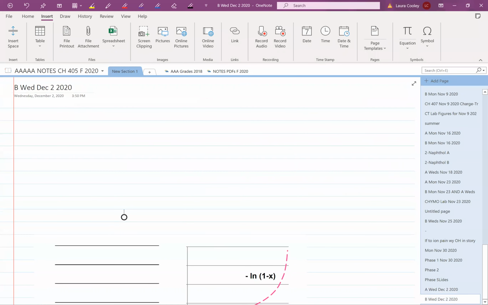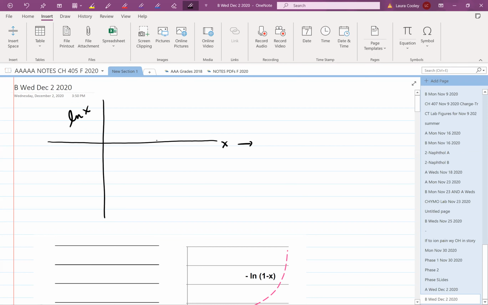All right, so let me start by thinking about a log graph. I showed you this before, but I'm going to show it to you again. Here, if I have the natural log of X versus X, and this is where the 1 is, that graph starts at negative infinity and does this, and then crosses the axis at 1. This is what ln X looks like.